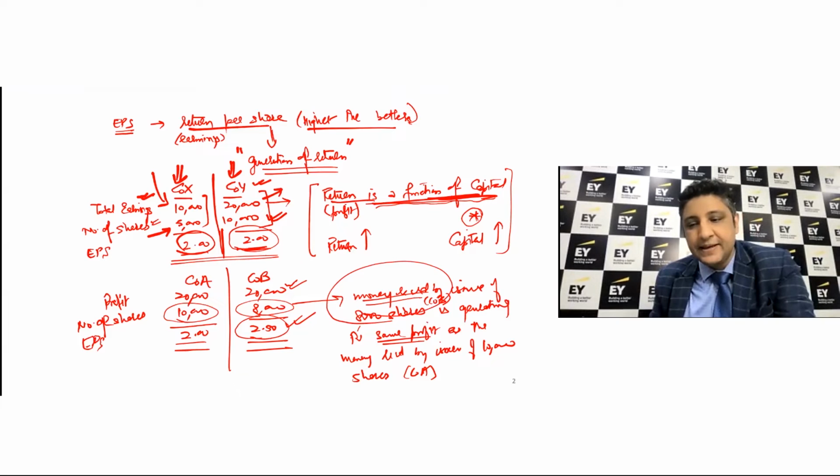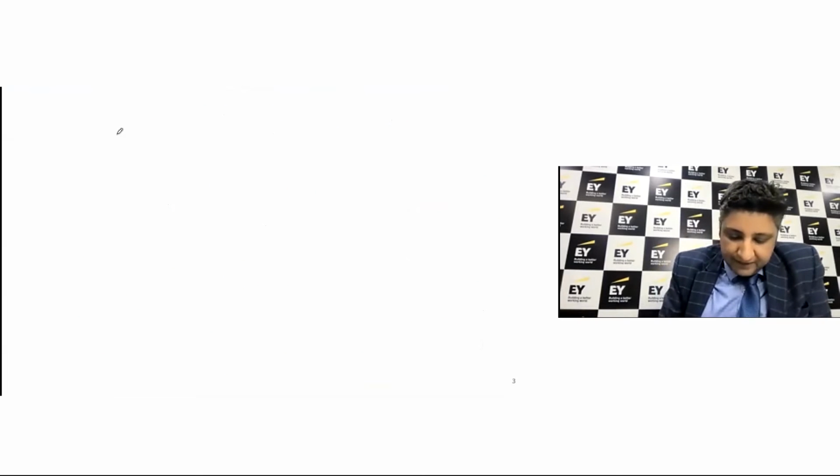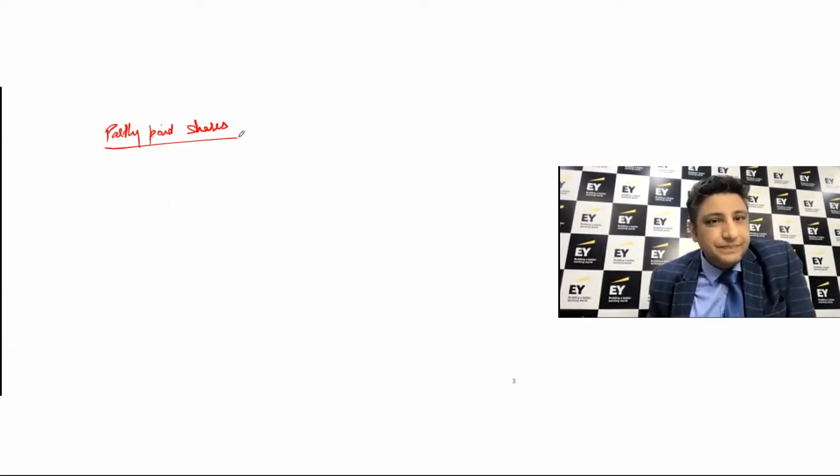But then it's not that straightforward. It is not very straightforward from a measurement perspective, because we may argue, what if the shares are partly paid? How do you deal with that scenario?